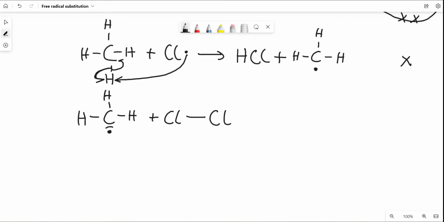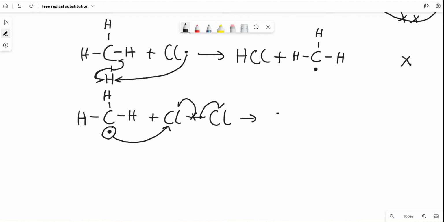So what this would do is it attacks this chlorine molecule and it breaks apart this bond. So we have two electrons here. So this one gets its electron and this one gets its electron. And what we get ultimately is the Cl bonded with the CH3 radical.